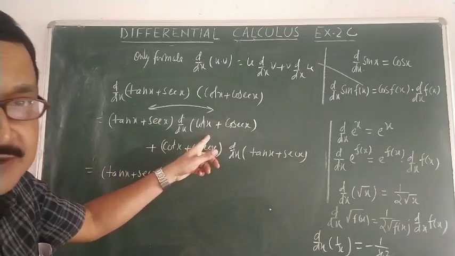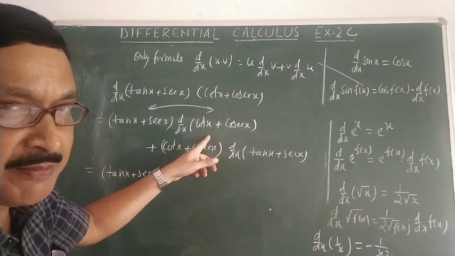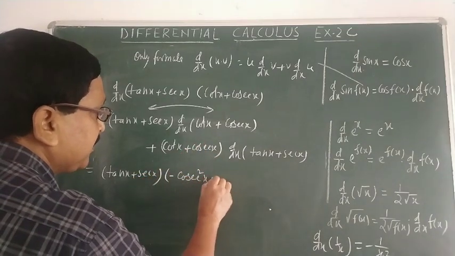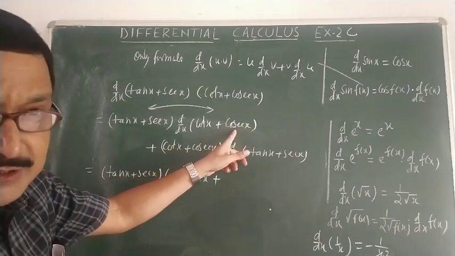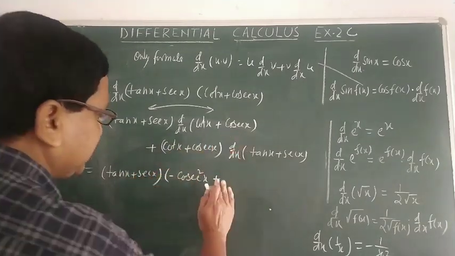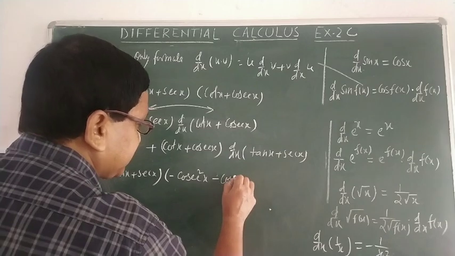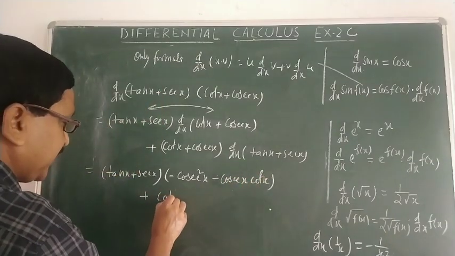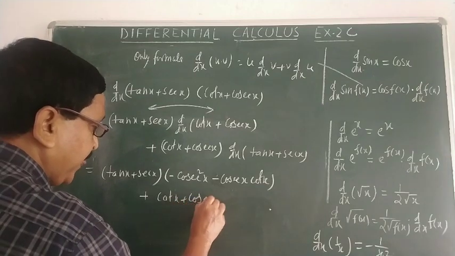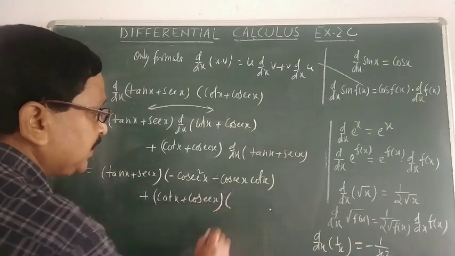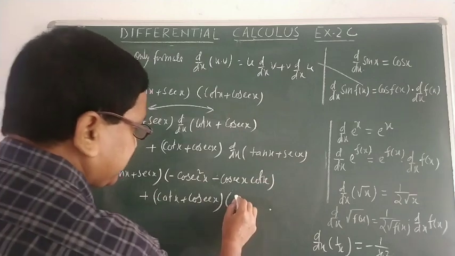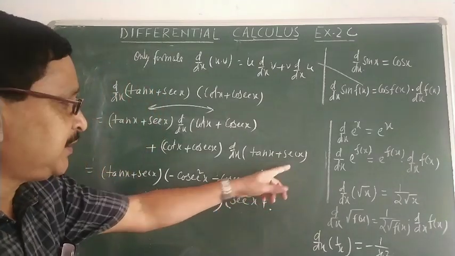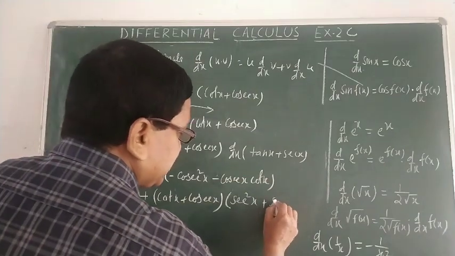into cot x. The differentiation of cot x is directly available in the formula, minus cosec square x, plus cosec x, which is minus cosec x into cot x. So this is minus cosec x into cot x, plus cot x plus cosec x into the differentiation of tan x, which is sec square x, and differentiation of sec x is sec x into tan x.